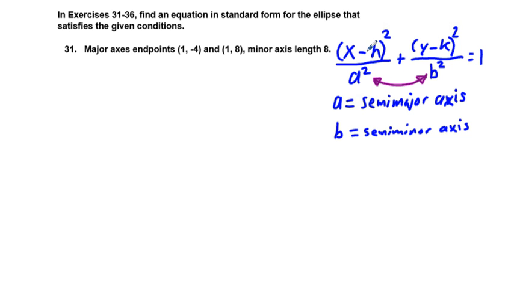As far as this h, it's the quantity x minus h, and so h is the number that determines the left or right shift of the ellipse, and also this k that's associated with the y reflects the up or down shift from the center.